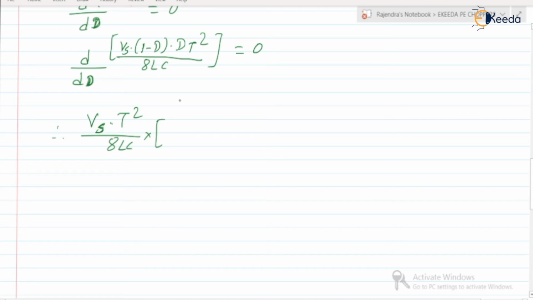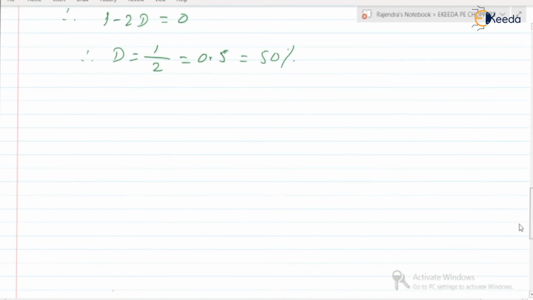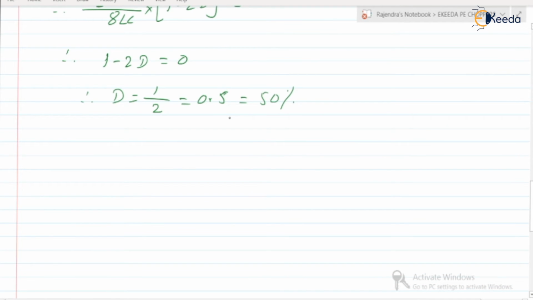Next, it is D minus D square, so it is 1 minus 2D again equal to 0. So we can simplify it as 1 minus 2D is equal to 0. Therefore D is equal to 1 by 2, which is 0.5, or in percentage, 50%. So this is nothing but your D at which ripple is maximum. In both ways you will get the same answer, 50%.